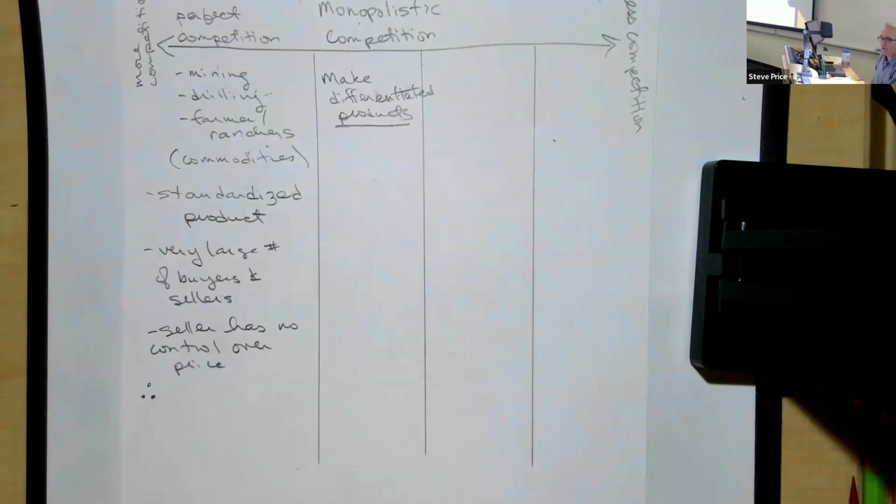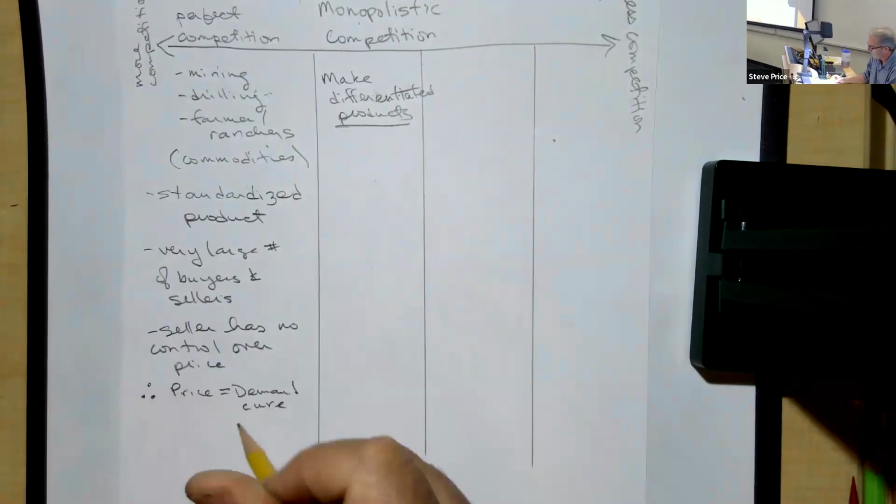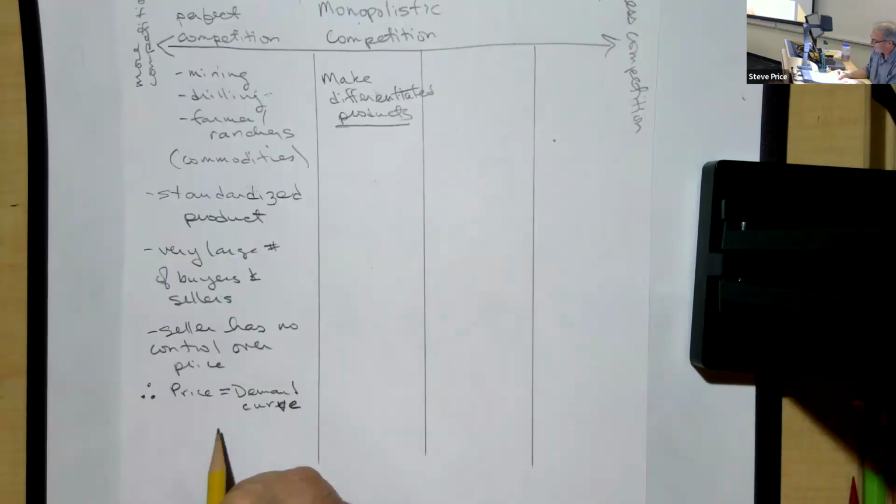Those three dots in a triangle mean "therefore" in math speak. Therefore, the price equals the demand curve, because the demand curve is perfectly... if you're all making the same thing and you have billions of substitutes, what does that mean?